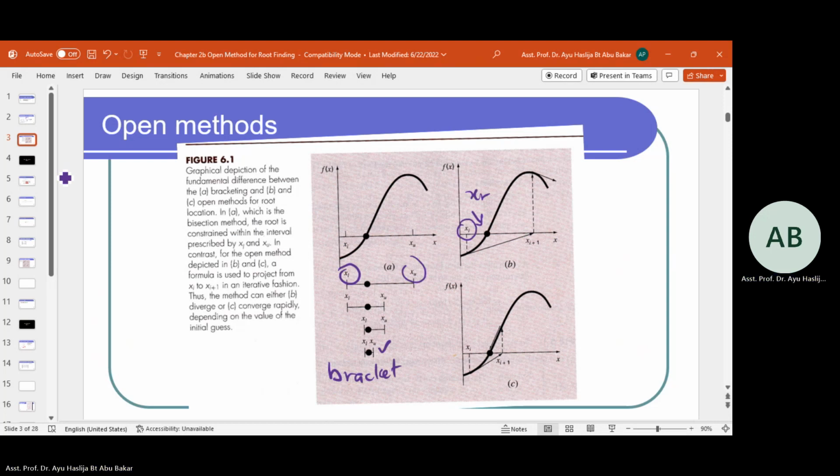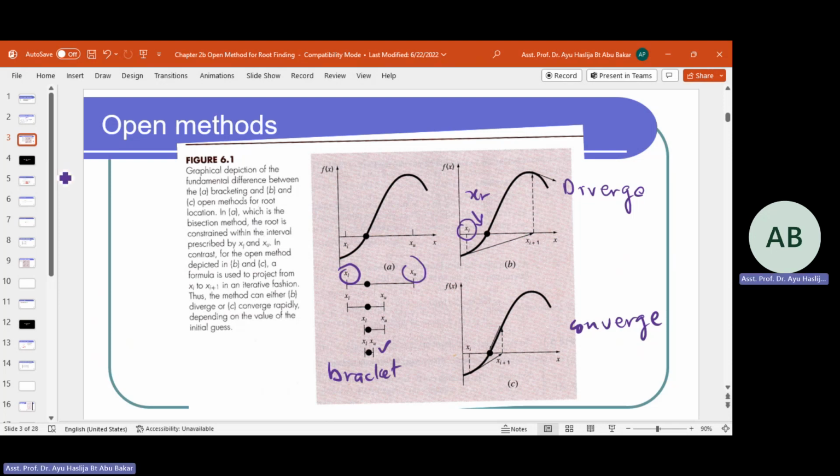Okay, this starting point is important because later on it will direct your calculation whether it will be diverging or converging. Diverge means what? Different direction.